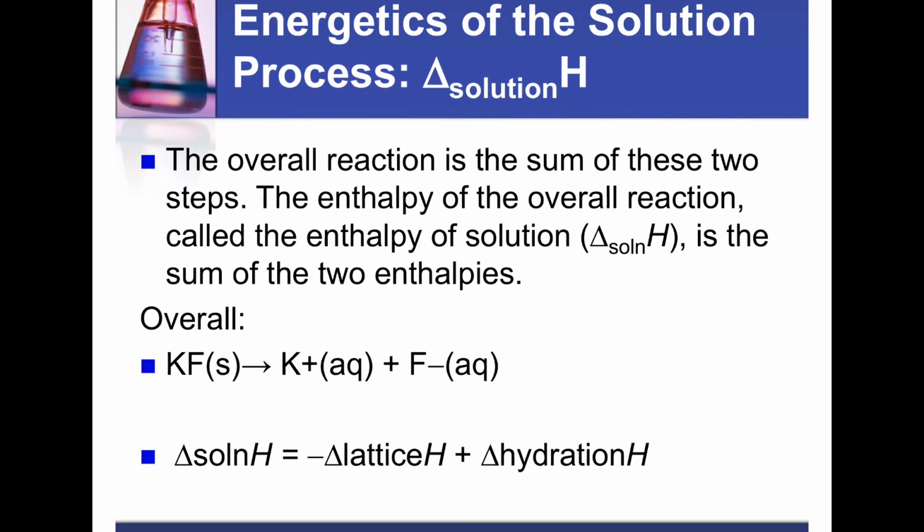Now, why is this important? If you've ever mixed two things together and you felt them get hot, or if you've mixed two things together and you felt them get cold, you have experienced this delta H of solution. If you mix two things together and they get hot, what that means is the delta H of solution was a negative number.